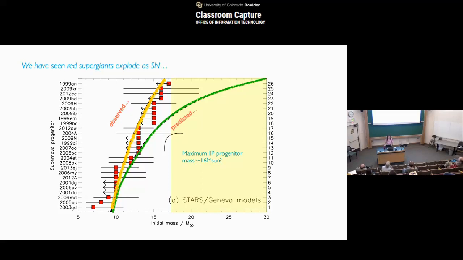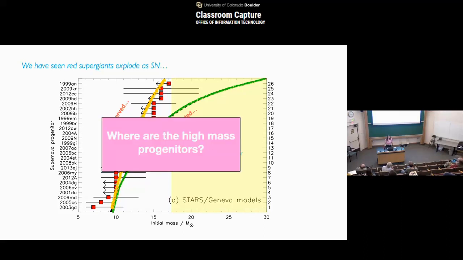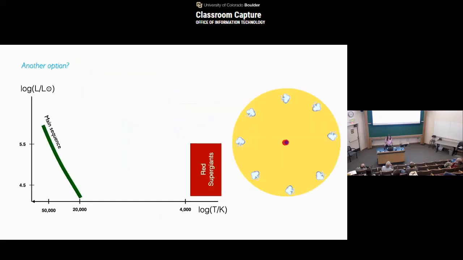So it's got people thinking, what is happening to the high mass progenitors? Before I said that we expect to see these stars exploding up to 30 solar masses, and we are just not seeing it. So people started wondering, is the cutoff actually lower, and why is it lower? So one option for what might be going on that's been suggested quite a lot through the years is that actually the red supergiant phase is much more influential on the evolution of these stars than we realize.